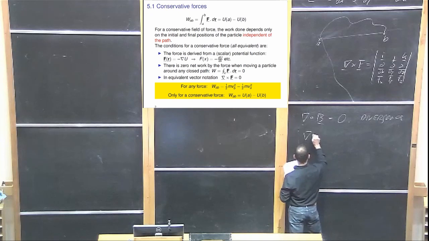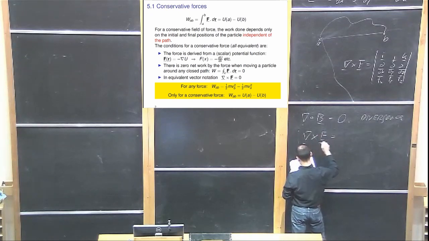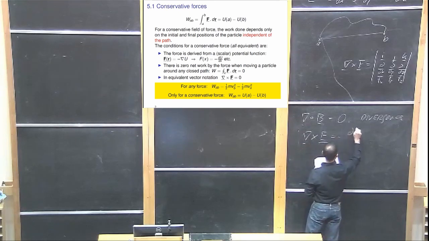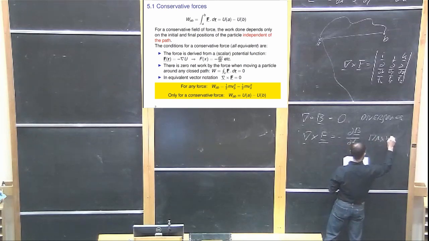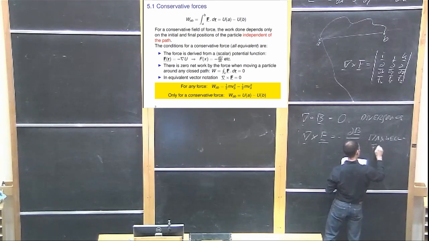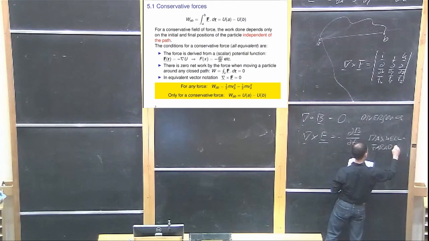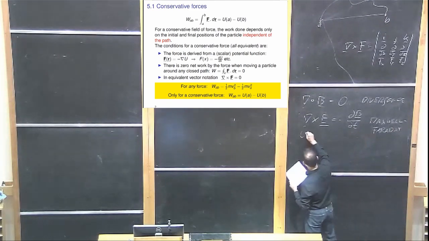And the other one is minus dB by dt. That's here the Maxwell equation, or Maxwell-Faraday. That will come later in another course. That's curl.